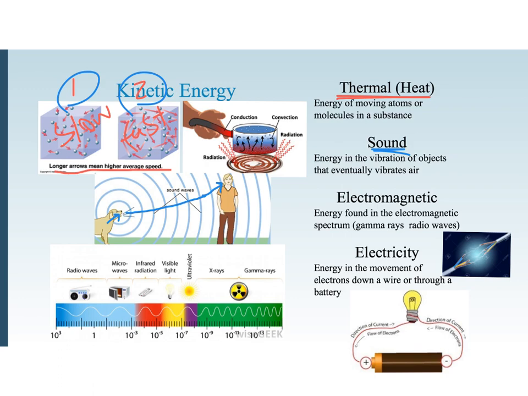Now, the second to last example we're going to talk about is electromagnetic energy. This is the energy found in the electromagnetic spectrum. So everything from radio waves, when you crank on the radio in your car, if you do these days.